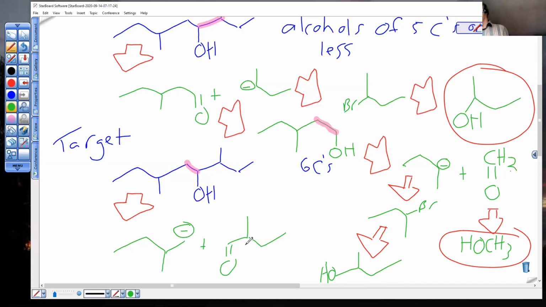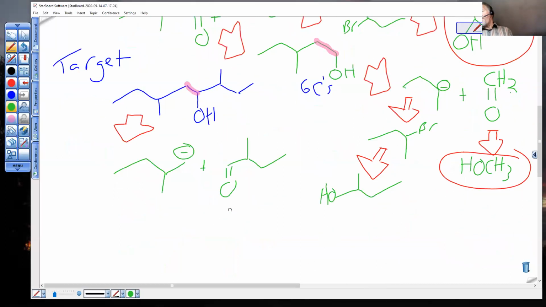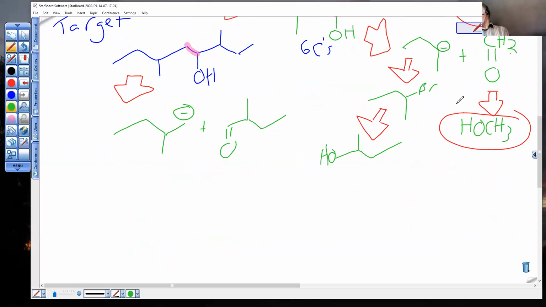The bottom one's more direct, so we'll do our complete answer with the bottom one, and then you could figure out how to do the forward synthesis from the other one. This has 5 carbons, 1, 2, 3, 4, 5. It comes from, okay, my pen's off. Here we go.